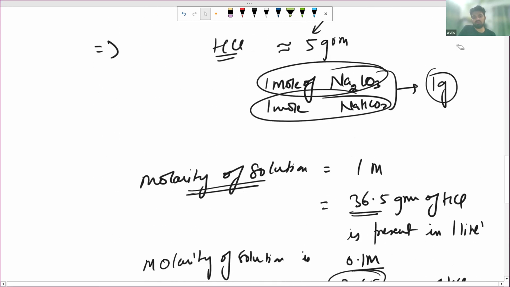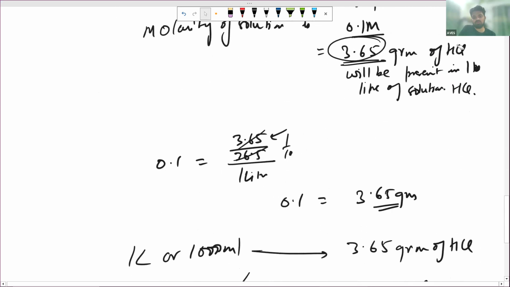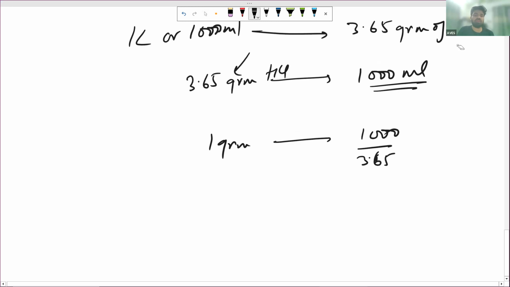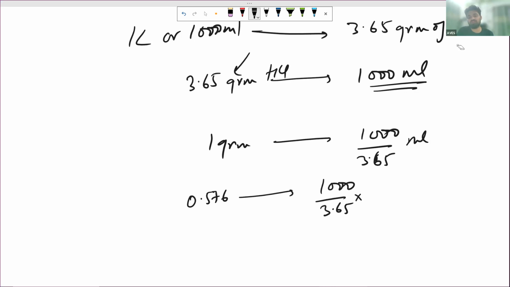It is 0.576. Okay, so 1 gram of HCl will require this many ml of HCl solution. If you require 0.576, how much amount will be required? You will get 1000 into 3.65 into 0.576. This much amount of HCl solution will be required.